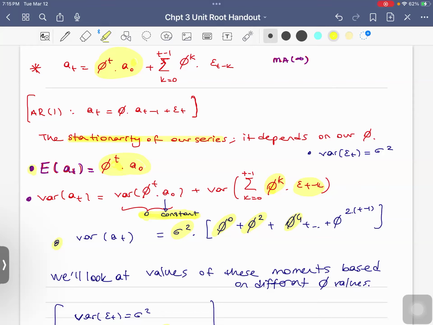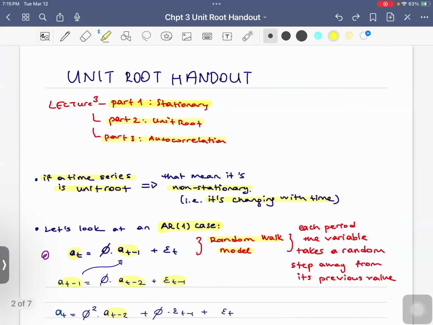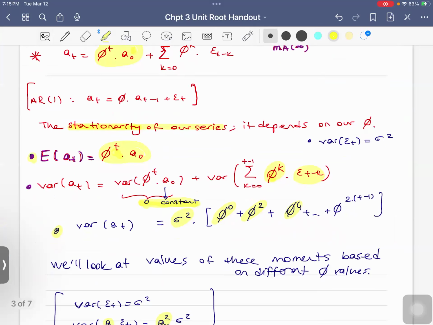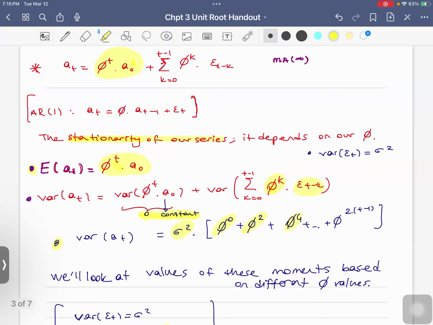And then the last term, the part with the residuals, the expected value of that will just be equal to 0, because remember, that was one of our assumptions, okay? So basically, the expected value of an A_t process that looks like an MA infinity would be phi^t times A0.